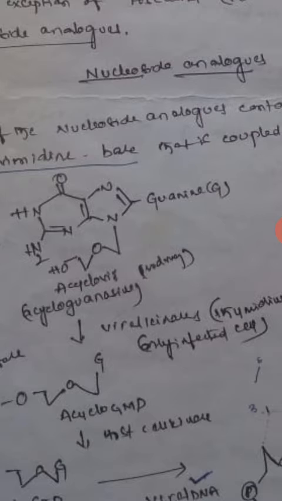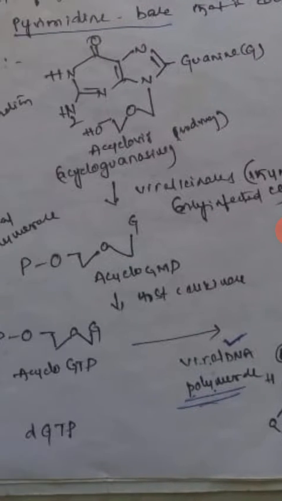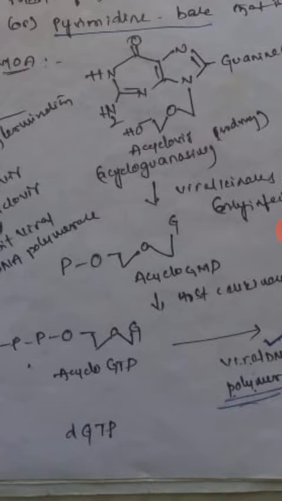Later, the subsequent phosphorylation, aciclovir monophosphate to aciclovir diphosphate, and diphosphate to triphosphate, occurs by host cell kinases. So ultimately aciclovir is converted into aciclovir triphosphate.